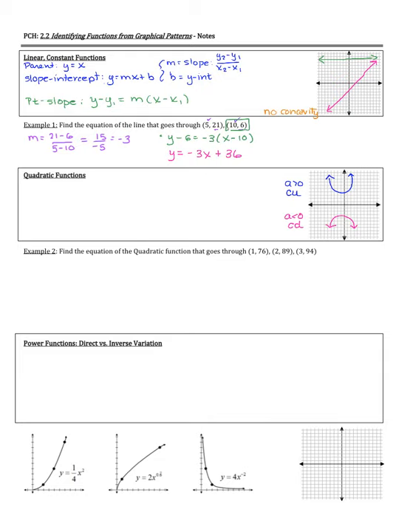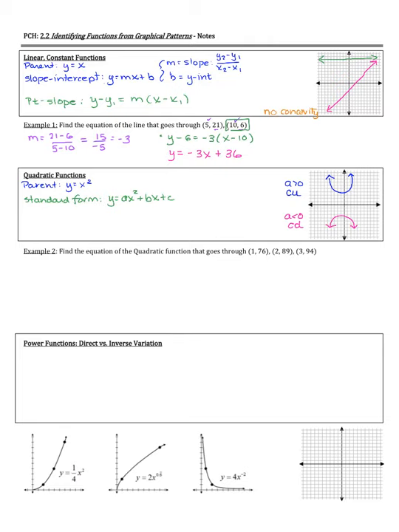All right, quadratic functions, parent function, most basic quadratic, y equals x squared. And then you have several forms for your quadratic. You have standard form, and that one looks like y equals ax squared plus bx plus c.